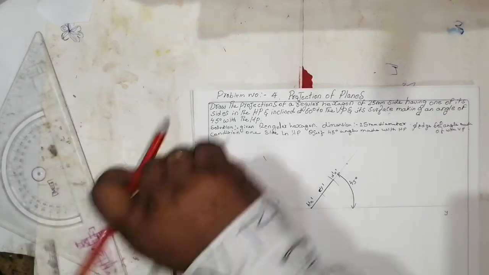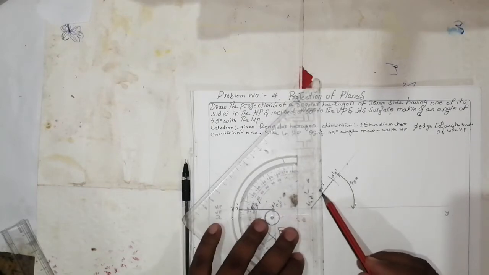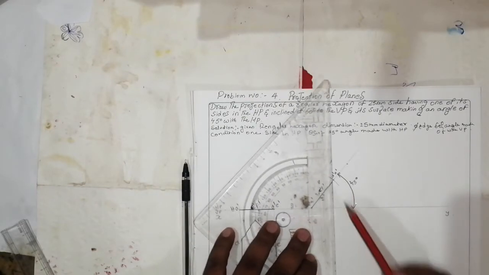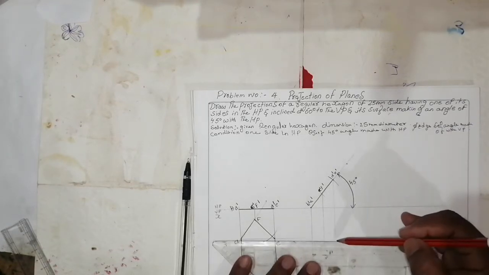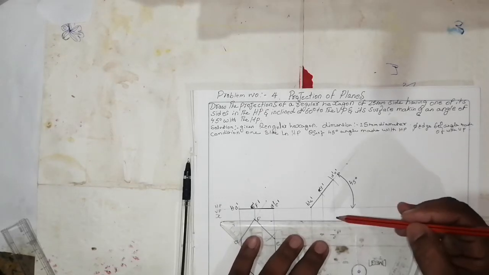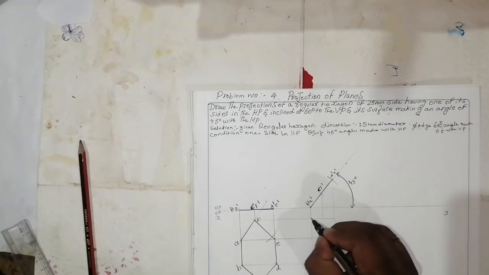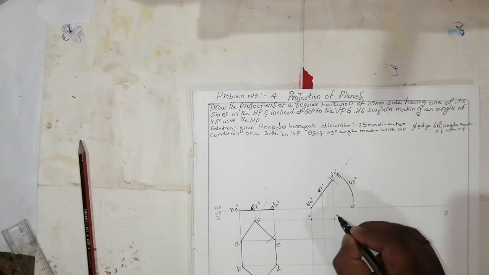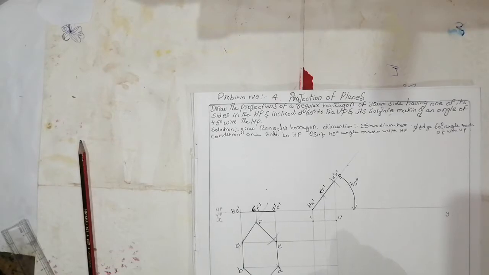After that, using a protractor, draw a projection line like this. So the projection line will come like this. So you get points, this is 1, this is 4, this is 2, this is 3.